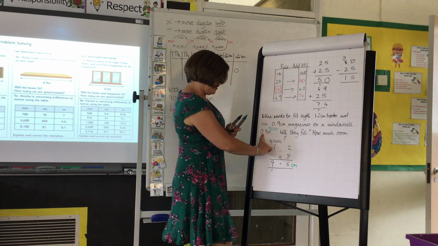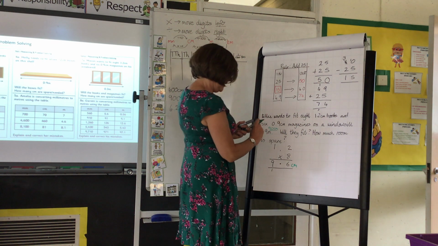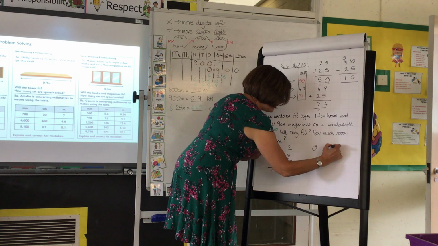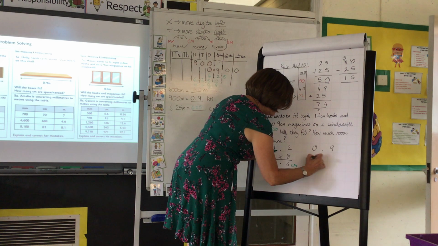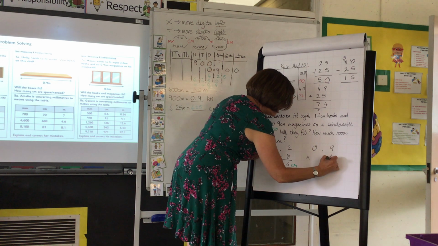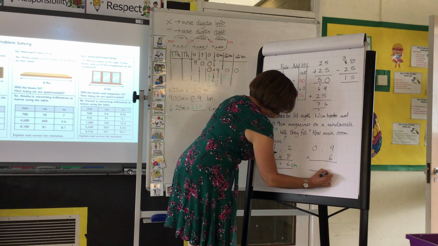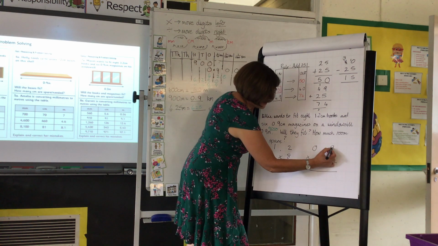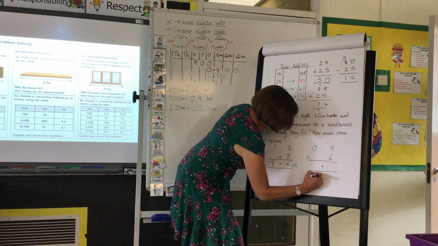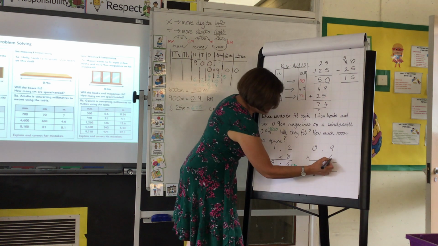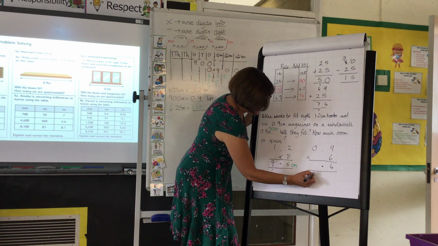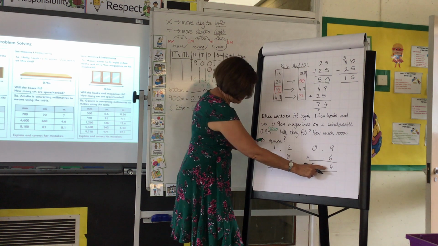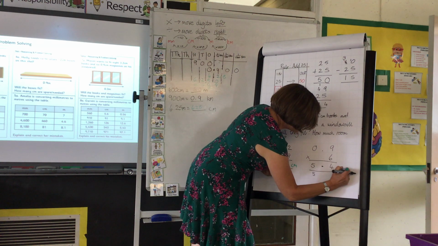And then you've got 6, 0.9 centimetres. So we need to have 0.9, and we're multiplying that by 6. And don't forget we put the decimal point in before we start. 6 times 9 is 54. And 6 times 0 is 0, but we added 5, so we've got 5. So 6 times 0.9 is 5.4 centimetres.